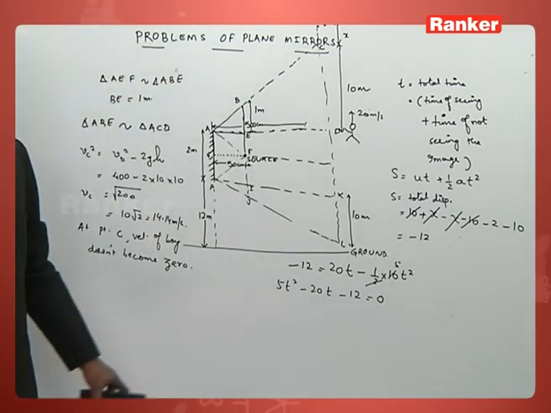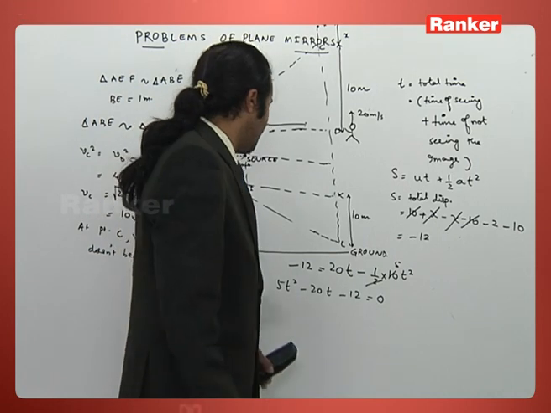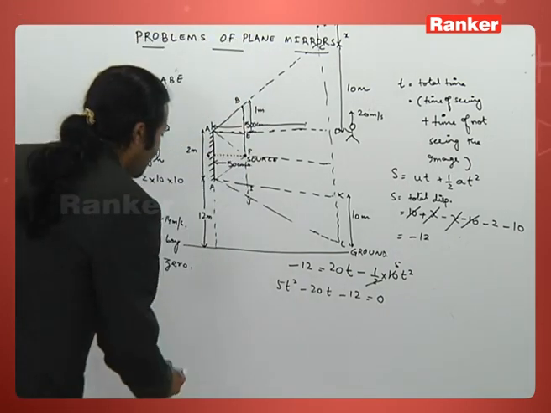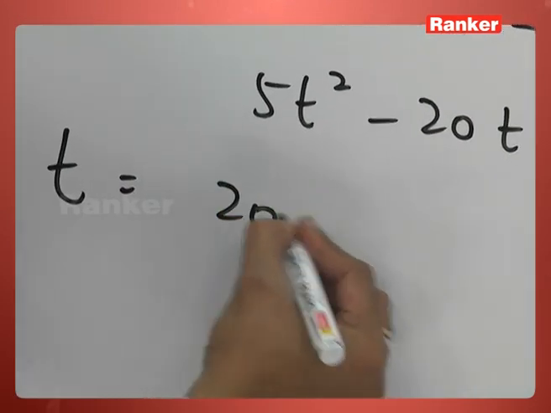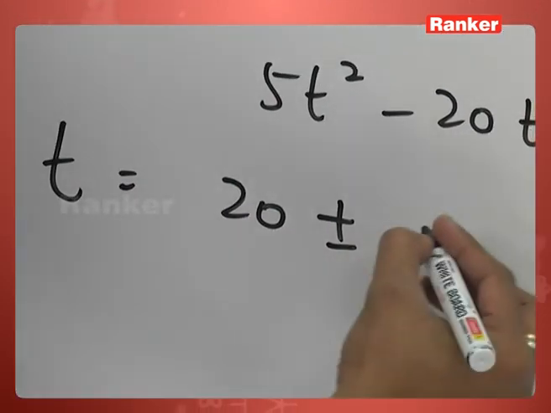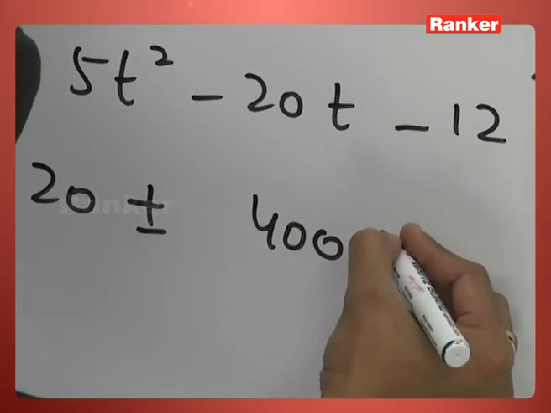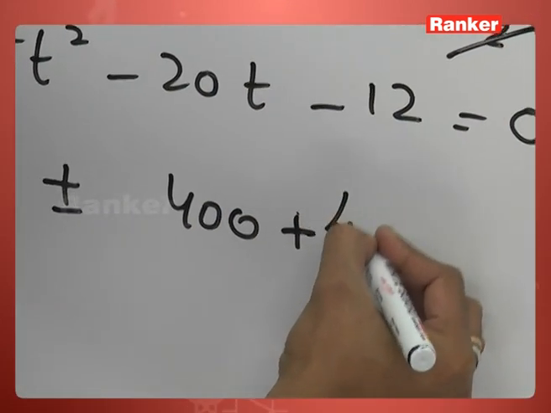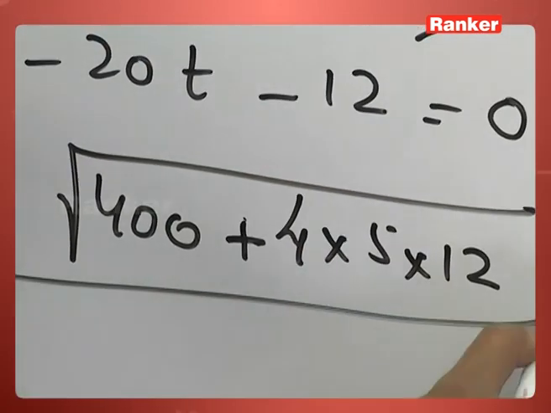This becomes a quadratic equation for which we have to calculate this time t. So here we can calculate t as minus b plus minus root of b square minus 4ac, that is 20 plus minus root of 400 plus 4 into 5 into 12, divided by 2a, which is 10.